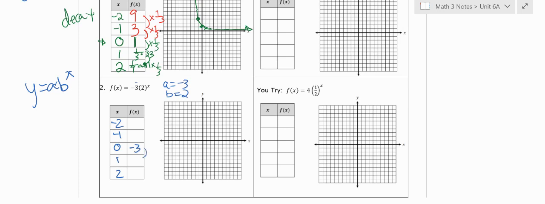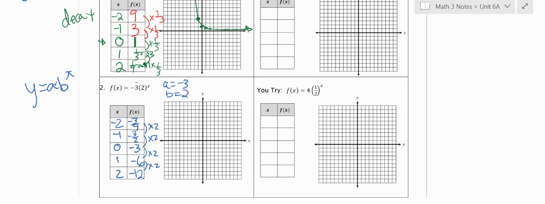And then we're multiplying by 2 each time. So if I multiply, I'll get negative 6. If I multiply, I get negative 12. And then to move up the chart, you do the inverse, which would be dividing. So this would be negative 3/2 or negative 1.5, and this would be negative 3/4 or negative 0.75.